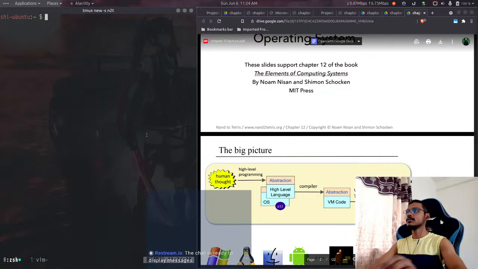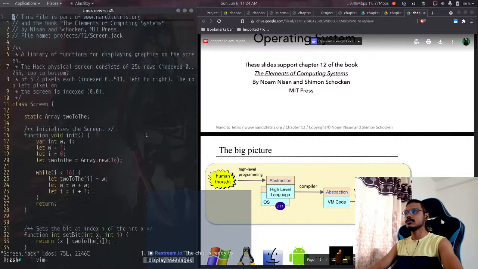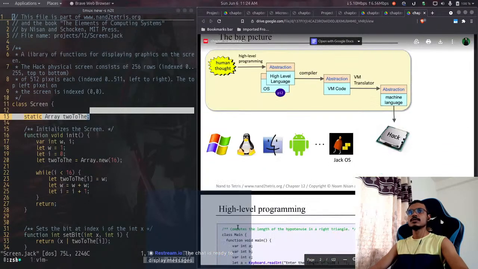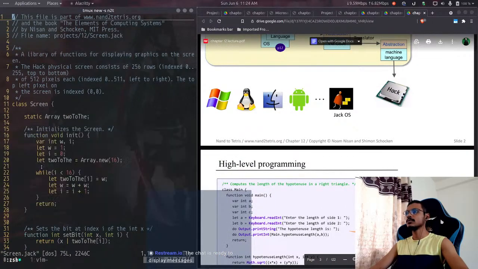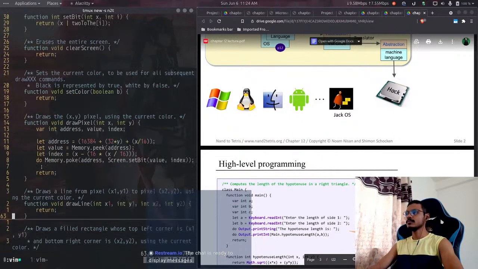Okay, so on the last video, let's see what we were trying to do. Screen dot check. So I wrote the code for drawing the pixel, right? And now we need to create the function for drawing the line.